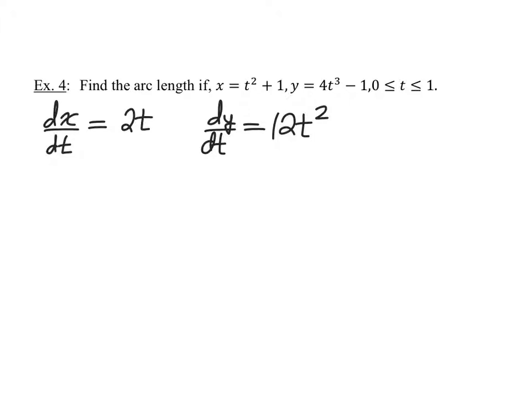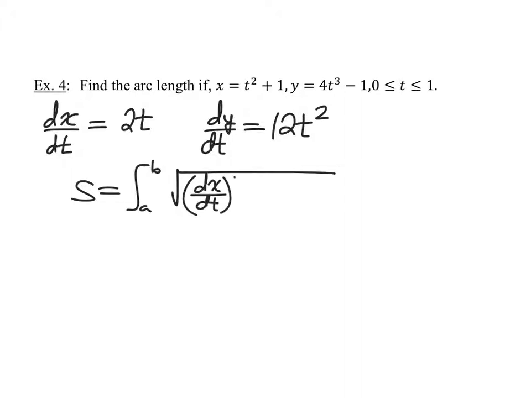All right. Now our rule is that the arc length is the integral over the interval of a to b of the square root of dx dt squared plus dy dt squared dt.